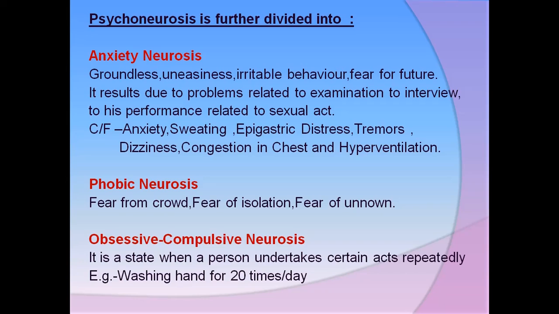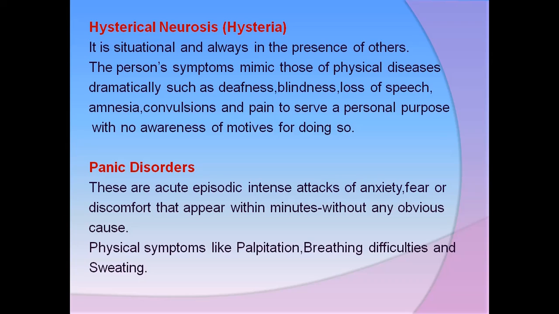Next point, phobic neurosis, fear from crowd, fear of isolation, fear of unknown causes. Third point, obsessive compulsive neurosis, it is a state when a person undertakes certain acts repeatedly. Examples: washing hand for 20 times per day. Next point, hysterical neurosis, hysteria.